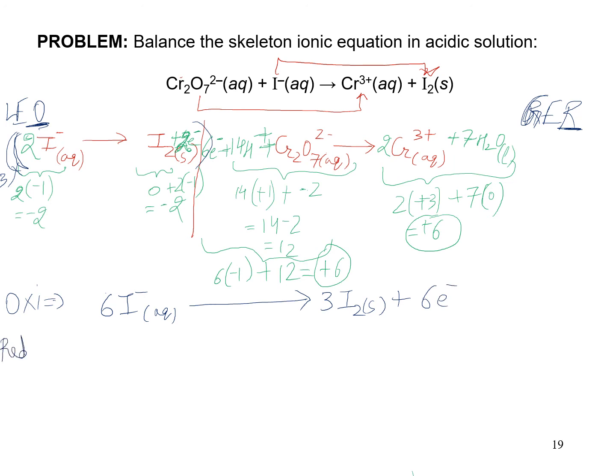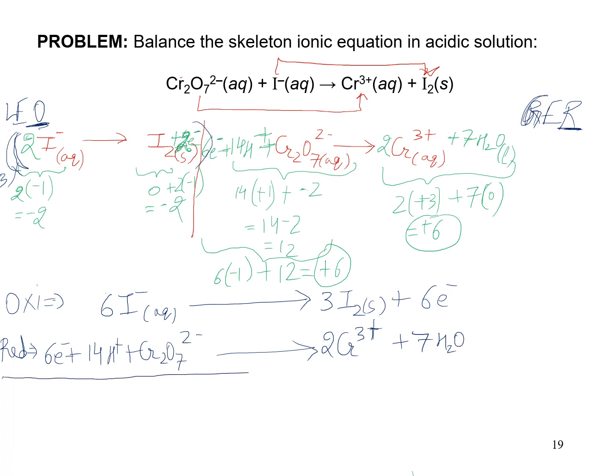Now I come to the second half, which is the reduction half. I have 6 electrons plus 14 protons plus Cr2O7 2 minus changing to 2 Cr 3 plus plus 7 water. Now we add everything up together.